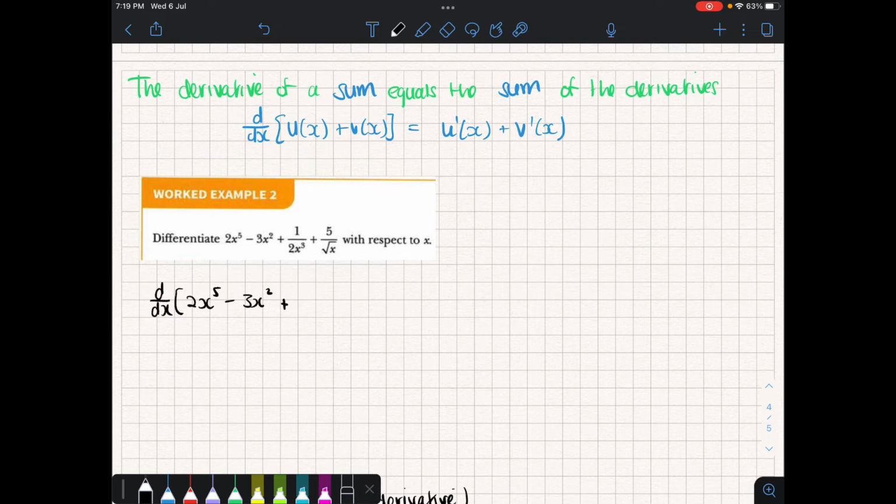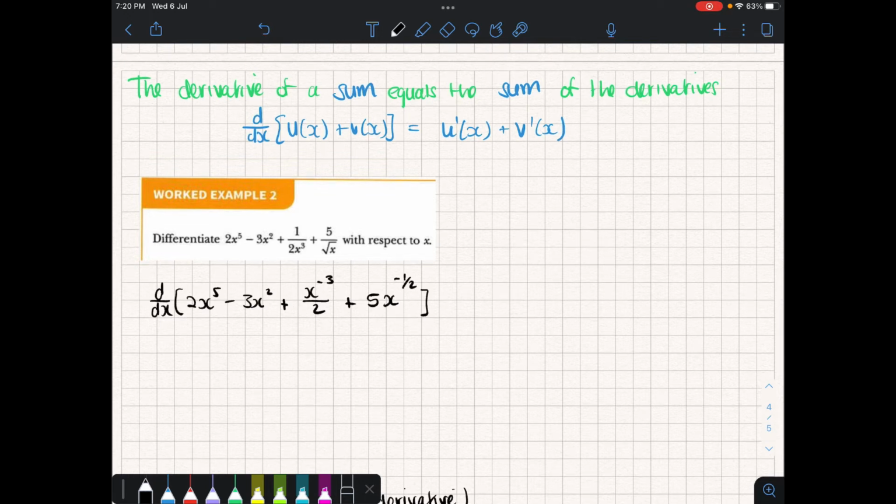So this is going to become plus x to the power of minus 3 over 2. And then we have plus 5 over the square root of x. I need to bring that up to the top, and I need to change it into index notation. And so I'm going to have 5x to the power of minus a half. Okay, so the minus is because I brought it up, and the half is because it was the square root that I've changed to index notation.